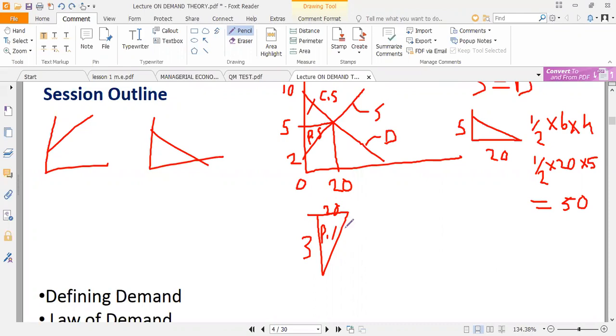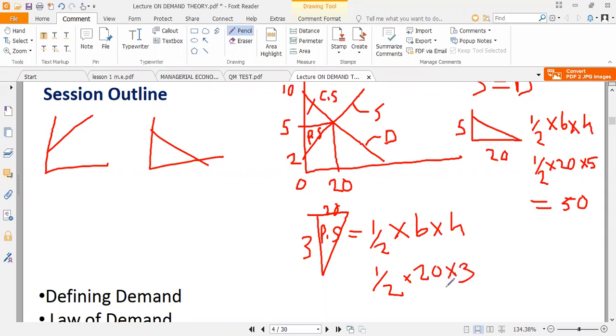So the producer surplus, it's the same triangle. The formula is half times base times height. So our base from here to here is still 20. And our height is what? 3. You cancel this, you get a 10. 10 times 3 is 30.